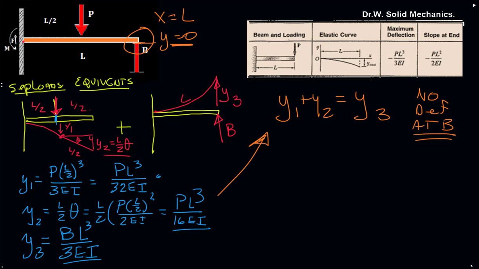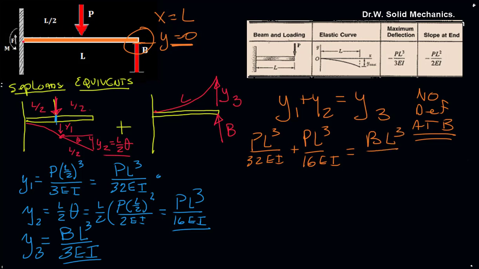So we'll get PL cubed on 32EI plus PL cubed on 16EI equals BL cubed on 3EI, which basically says that the deflection down has to equal the deflection up for this loading up here.